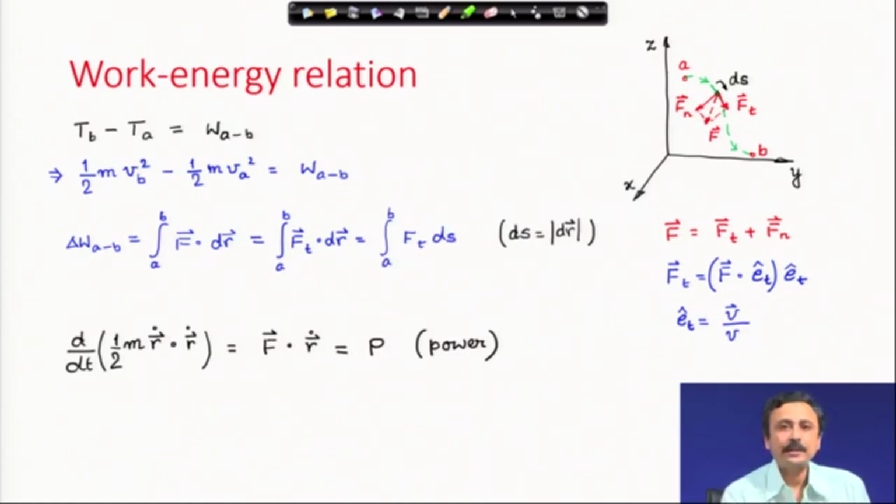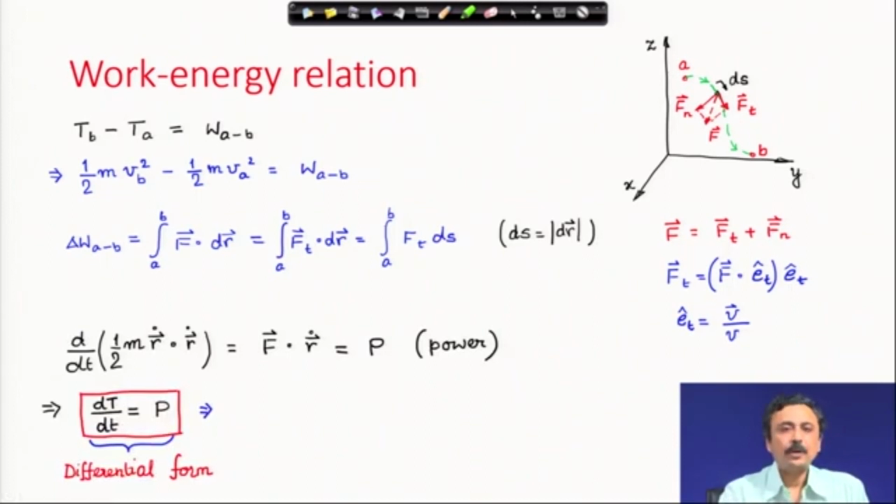We can also look at the derivative form of the work energy relation. This we have derived a moment ago. d/dt of the kinetic energy is F dot velocity. Now, F dot velocity is nothing but power. Therefore, I can write this left hand side as d kinetic energy/dt is equal to the power.